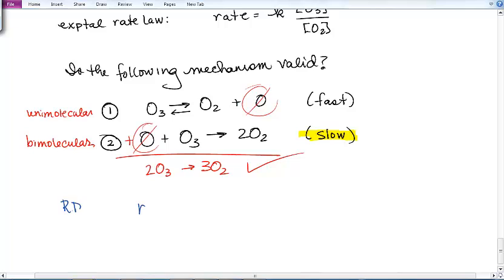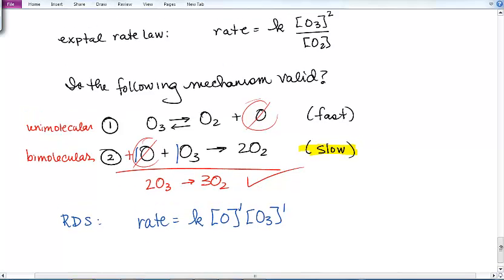So according to my rate determining step, the rate law is rate equals k times the concentration of free radical oxygen raised to what power? What power? 1, because there's only one here and one here, right? Times the concentration of ozone, O3, also raised to the first power. Does everyone see where we got that from?